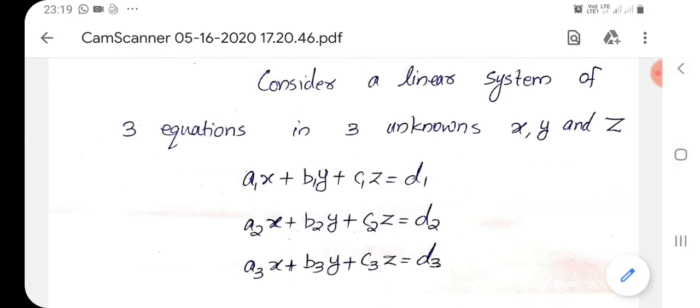For solving this system of equations using Gauss elimination method, first we form the corresponding matrix form.